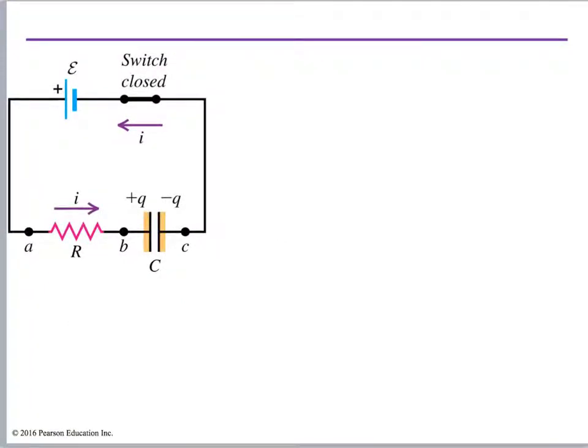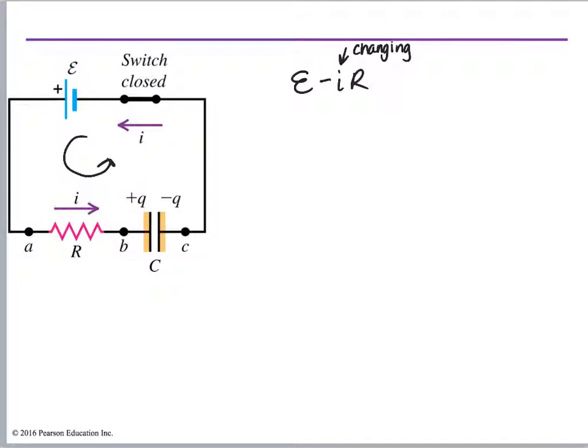So we're going to start this, and we're going to do a loop. If we go around the loop, we go through the battery with a potential gain equal to the EMF of the battery. Then we have current through the resistor. This is because it's changing, is why I used a little i.